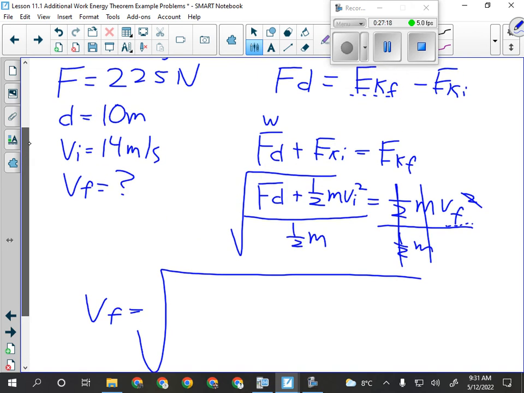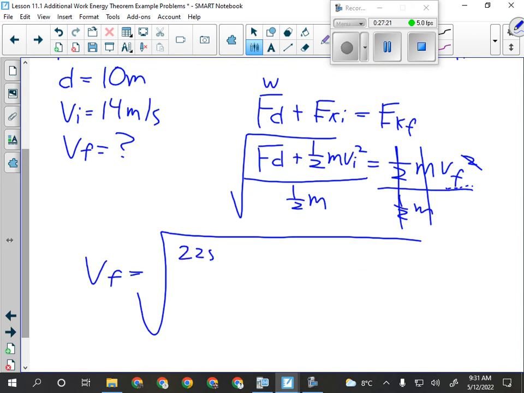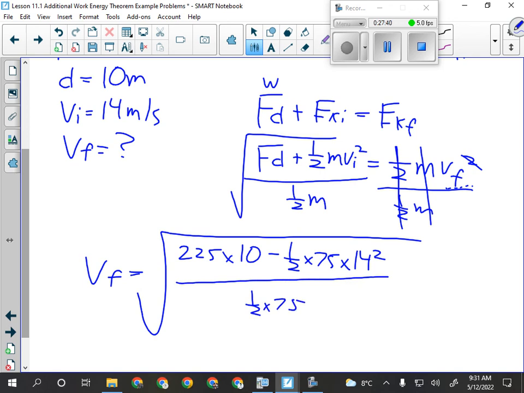Our force was 225 newtons times 10 meters plus 1/2 times 75 kilograms times 14 meters per second, okay? And that's squared. And then we divide that by 1/2 times 75. And then we square root the whole thing.